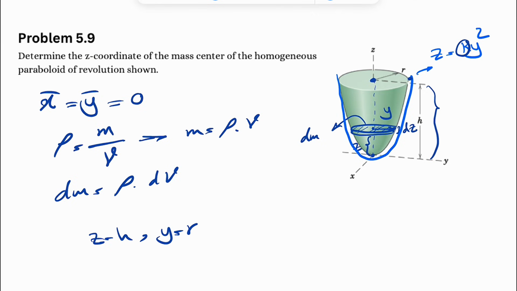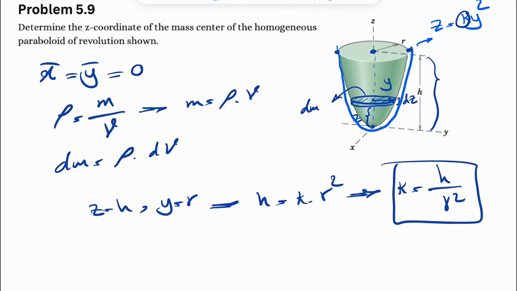Which means h is equal to k times r squared, and that's how we find our constant k, which is going to be h over r squared.